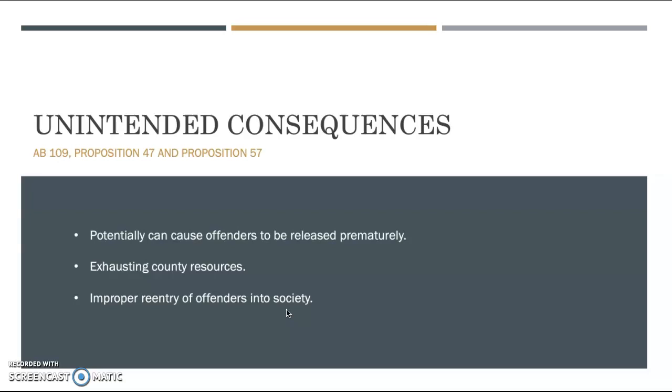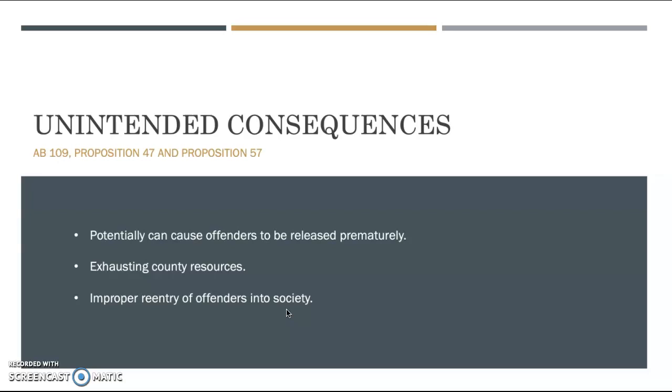And what that means is, with specifically Proposition 47 and Proposition 57, allowing inmates to leave early may allow someone to enter into society not fully rehabilitated. So a lot of people that oppose these two propositions, that was one of the big fears, the fear of public safety.